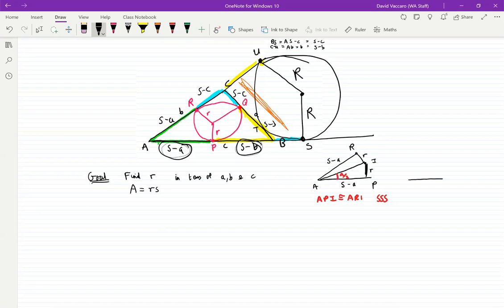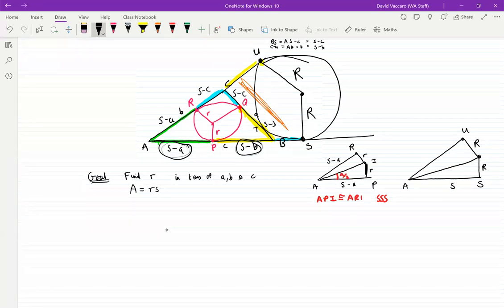But I can make exactly the same observation about the larger triangle, AU and my capital R, and AS and my capital R. So AS and AU are both equal to the semi-perimeter S. The X radius is capital R and the two triangles are the same. So ASR is congruent to AUR, and so this angle is A over 2.